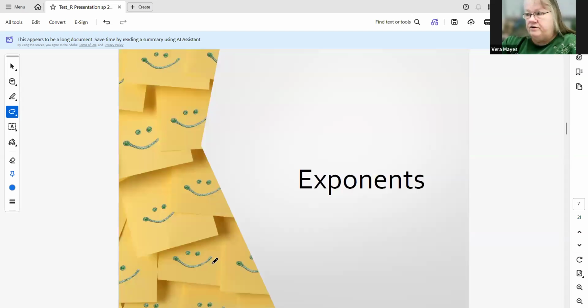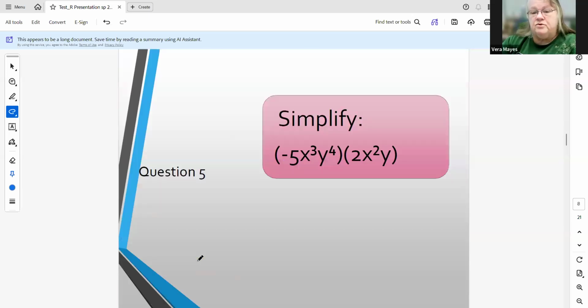All right, now we're going to focus on the section with exponents. Mostly this would have been the first week of school where you learned those basic exponent rules. And again, to help my brain, I kind of like to rewrite this. We are multiplying this group times this group. So let's put our numbers together, our x's together, and our y's together.